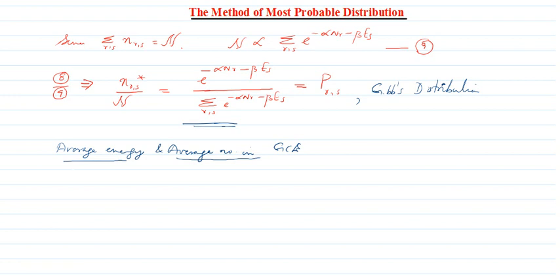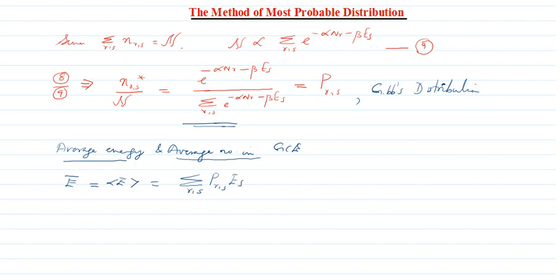So likewise, we can say the average energy E bar is nothing but the ensemble average of E. It is given by the definition of ensemble average, sum over R,S of PRS into ES.